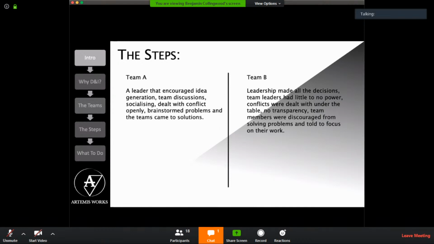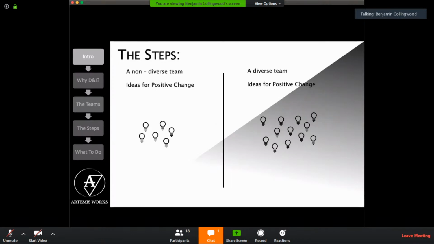That's what leadership is paid to do, to solve those problems. So what that means is our non-diverse team has fewer ideas for positive change, and by these ideas I mean these exist within the heads of the individuals. So these ideas are all sat within the heads.